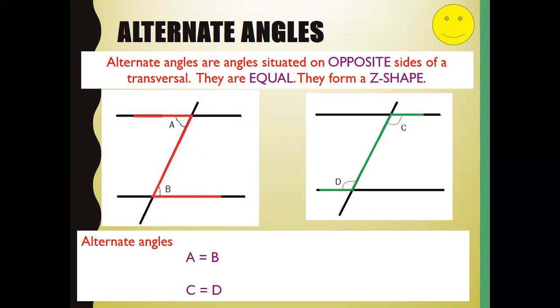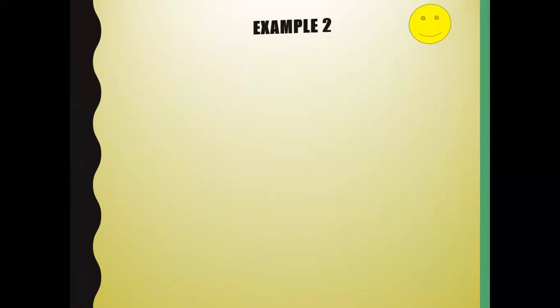So you just need to look out for a Z when you're trying to find alternate angles. Sometimes as you advance in mathematics, the diagram will not be complete. Sometimes you would have to indicate a line to actually trace out that Z shape. But for now I want you to just focus on understanding this and be able to trace your Z for alternate angles.